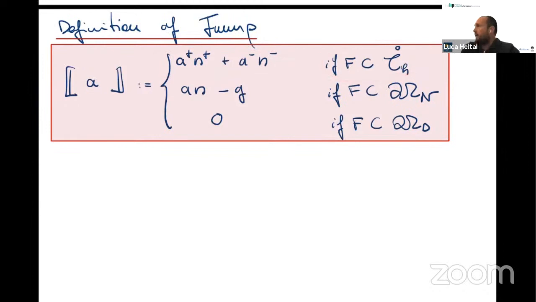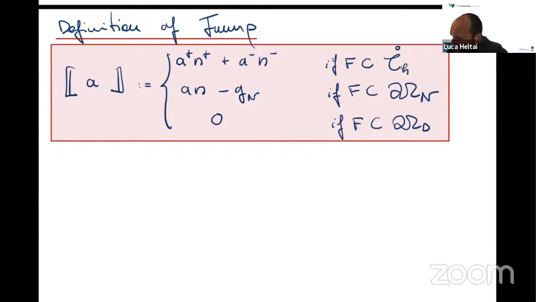What I'm using today is just a shorthand notation, which is a little bit simpler to use, and that also allows us to keep track of, for example, Neumann boundary conditions. In this particular case, we define the jump of a function a as a vector variable if a is a scalar, or a scalar variable if a is a vector: a plus n plus, plus a minus n minus.